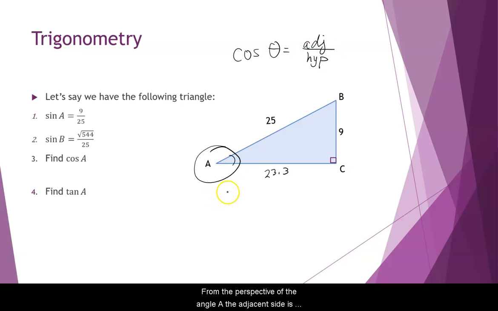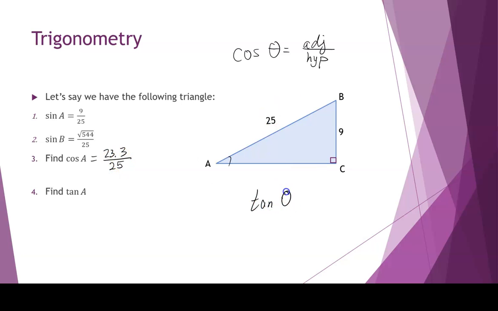From the perspective of angle A, the adjacent side is the non-hypotenuse length that it's connected to. So 23.3 divided by the length of the hypotenuse, so divided by 25. The tangent of angle A is the opposite divided by the adjacent. So the opposite is 9, the adjacent is 23.3.